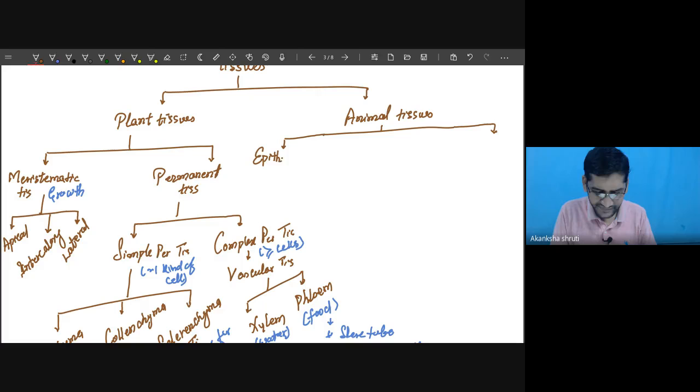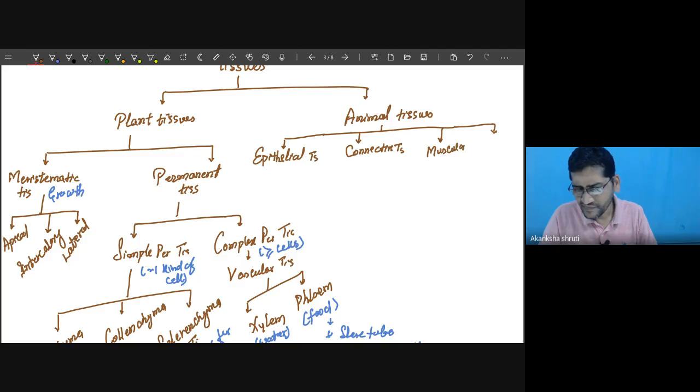The second one is connective tissue. The third one is muscular tissue. The fourth one is nervous tissue, the nerve cells which are there.